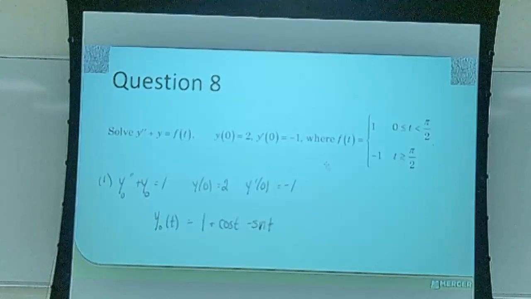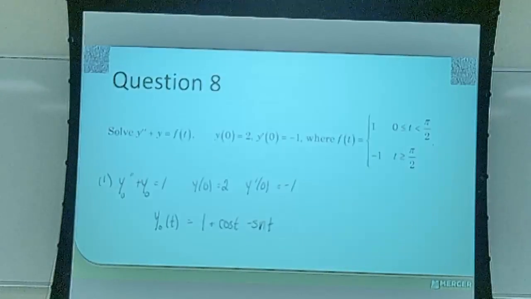There's y naught. Step 2, remember, is to get your C naught and C1.